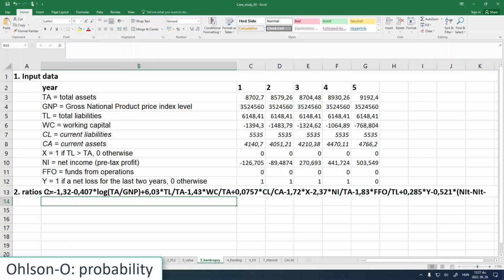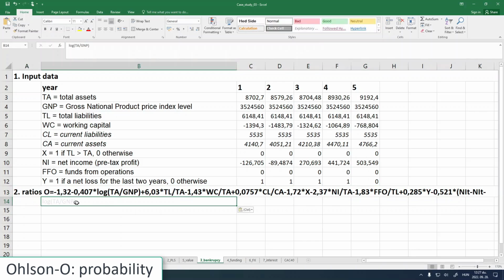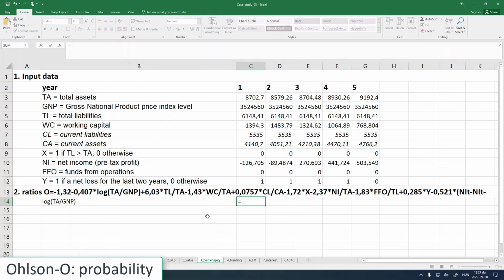So we can start with this part. So let's take the logarithm of the total asset to GDP ratio, so the relative size.